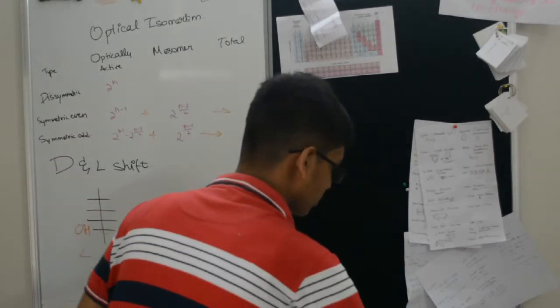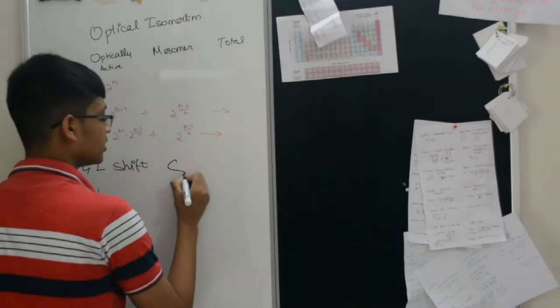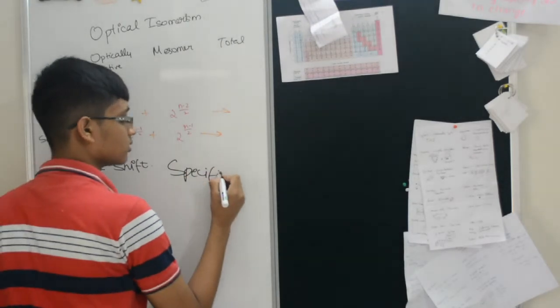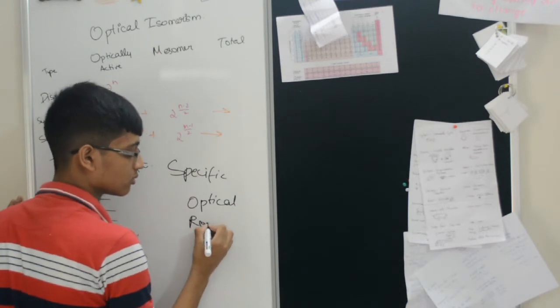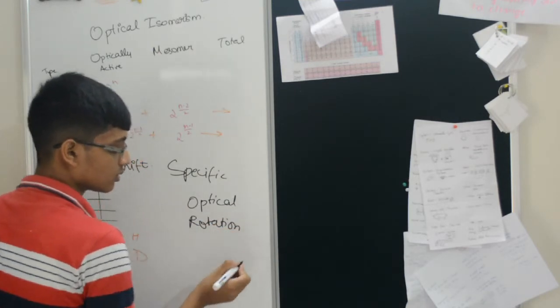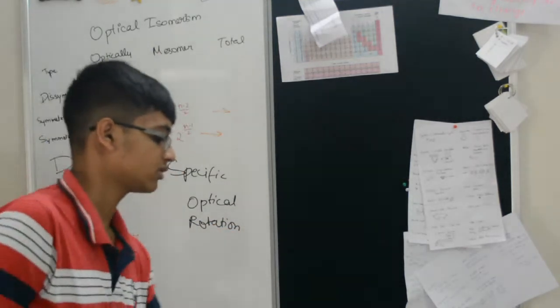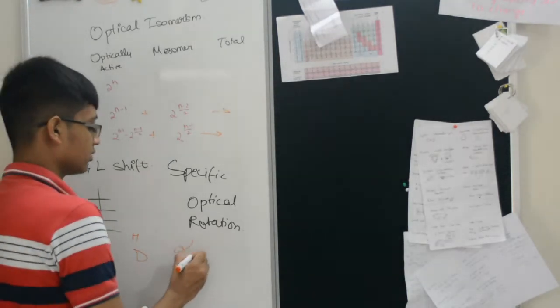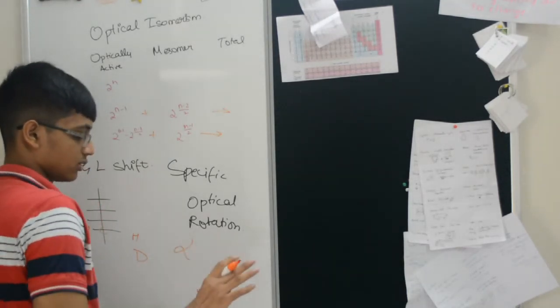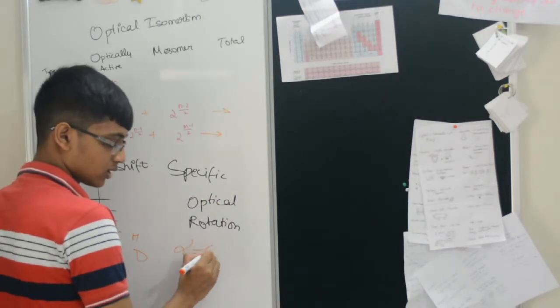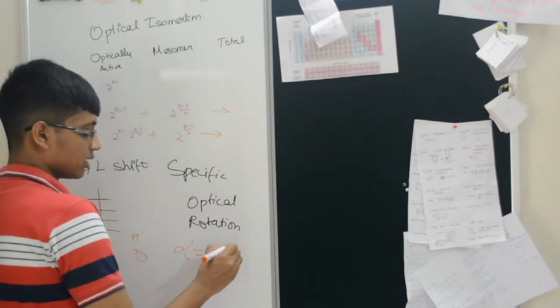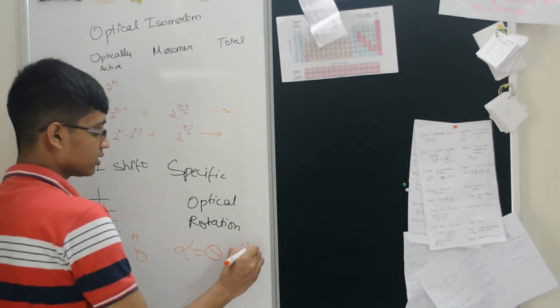Then you have the concept of specific optical rotation. Specific optical rotation basically says that the specific rotation alpha is equal to theta, which is the degree by which the light has been changed.